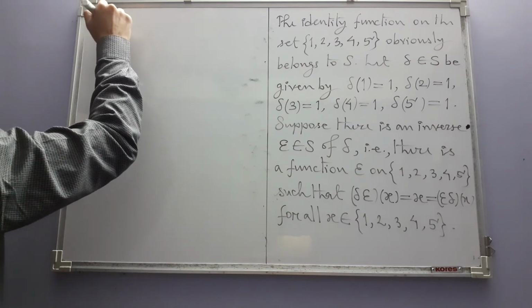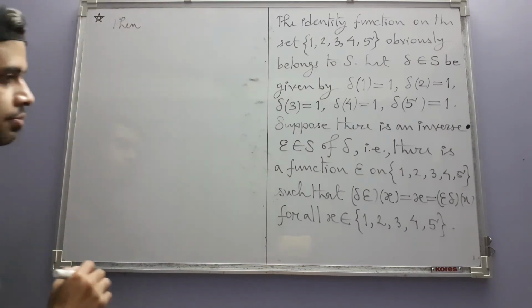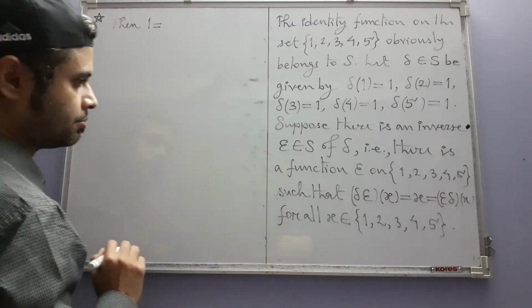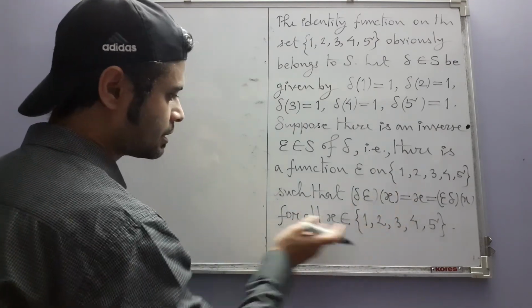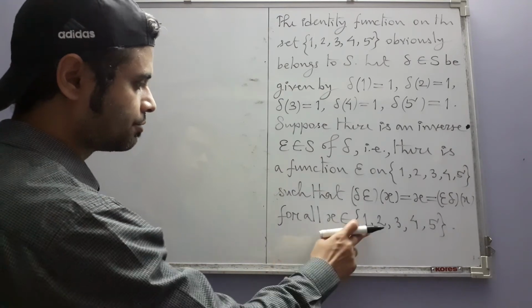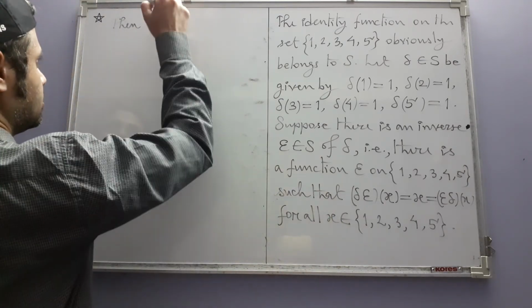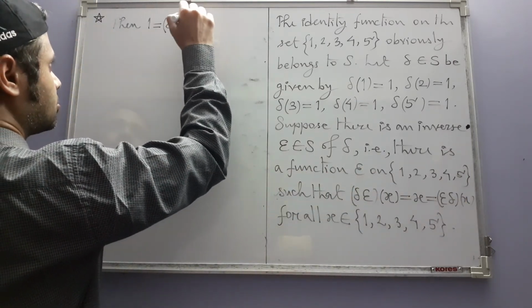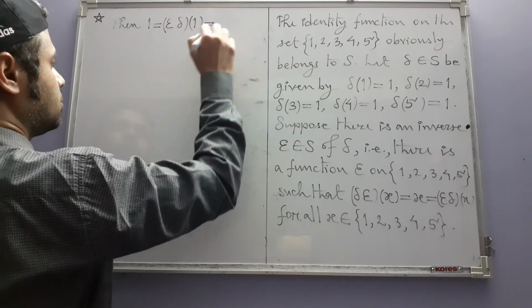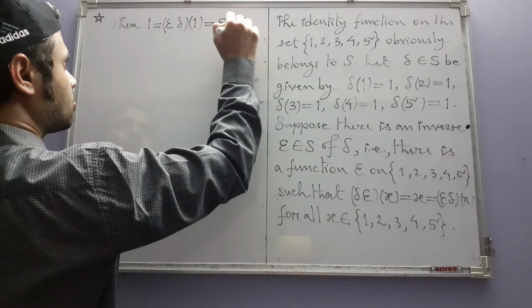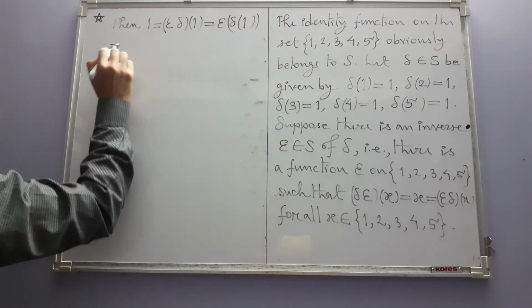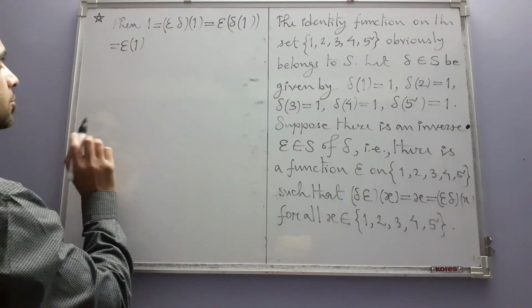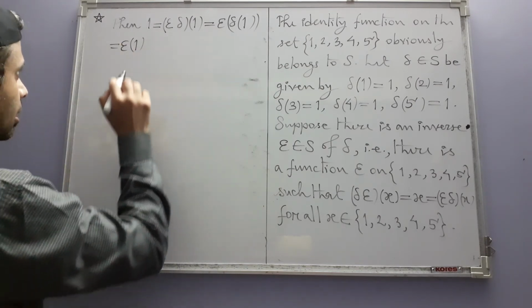Because these equations are true for all x, we can take x equal to 1 first, and using this part of the equation, delta of 1 is 1, so epsilon of 1 has been found to be 1.